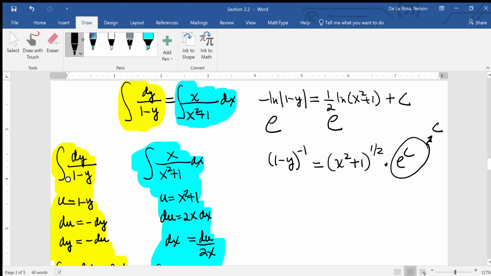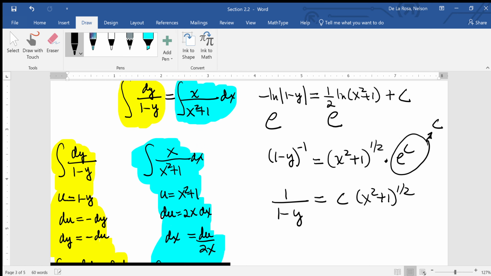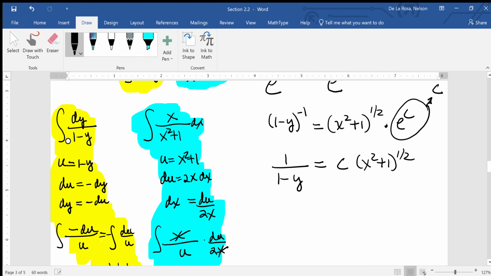So we have 1 over 1 minus y equals c times (x squared plus 1) to the 1/2. And now we need to isolate y.